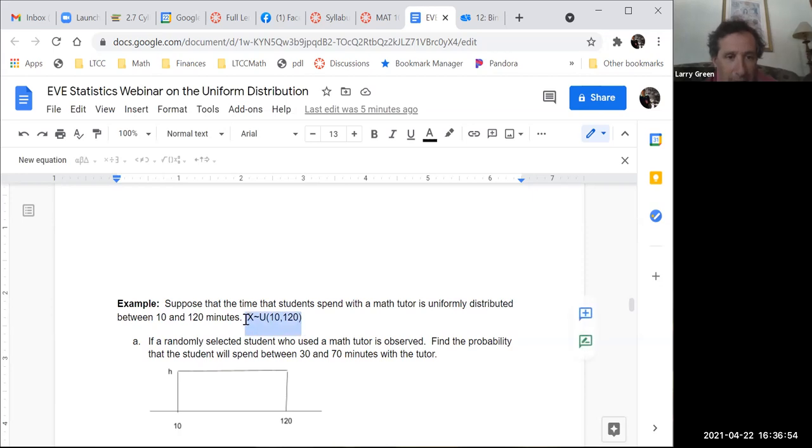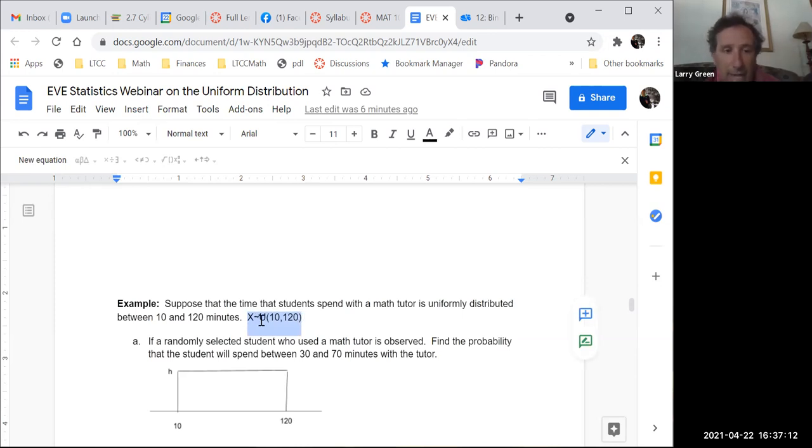What's nice about writing it this way is you can see everything in a very small little area, whereas this way is a big long sentence. So that's one main reason to write it this way.